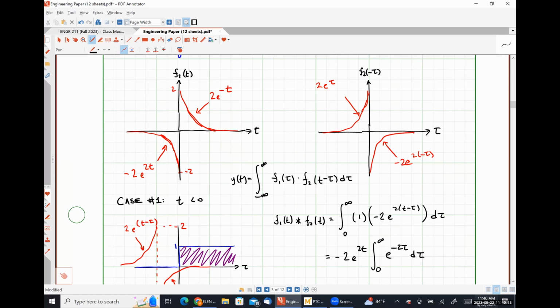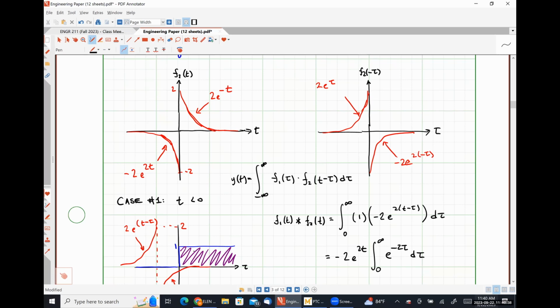Okay. So we are advancing this signal by some amount of t, right? We're shifting it to the left, which means we have -tau plus t, because we're shifting to the left. -tau plus t is the exact same thing as t minus tau.